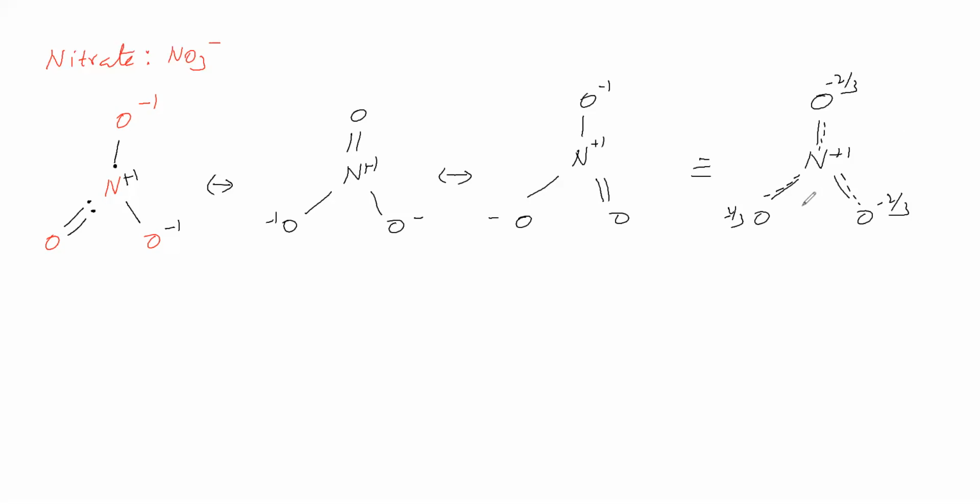This is the actual structure. Shall we say it is trigonal planar? It has only one bond length. The bond angle is 120 degrees everywhere. This nitrate bond angle is 120 degrees, with only one bond length. It is a perfect trigonal planar.